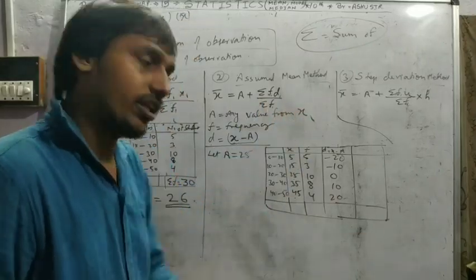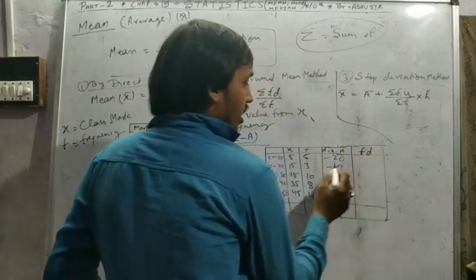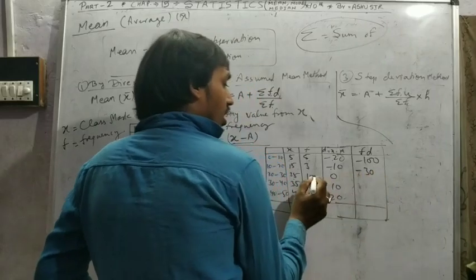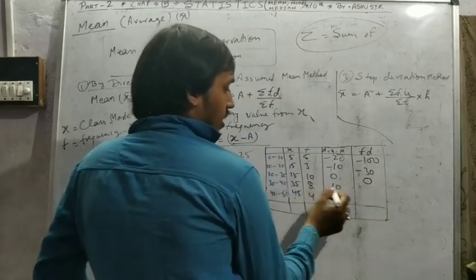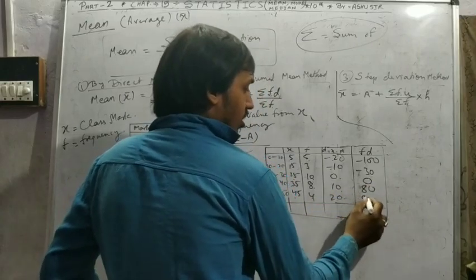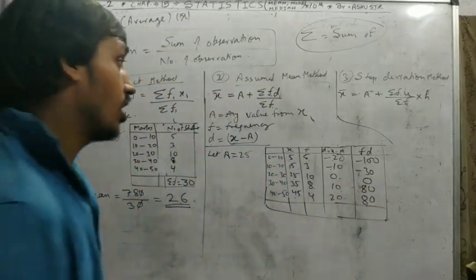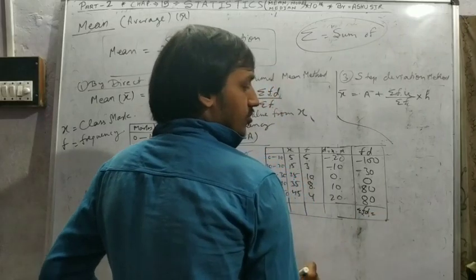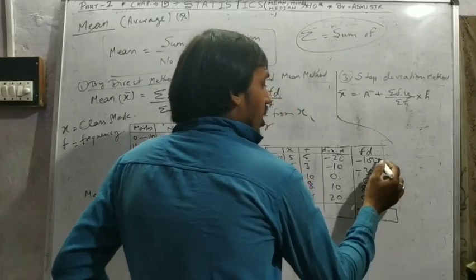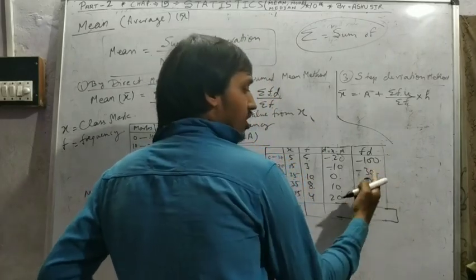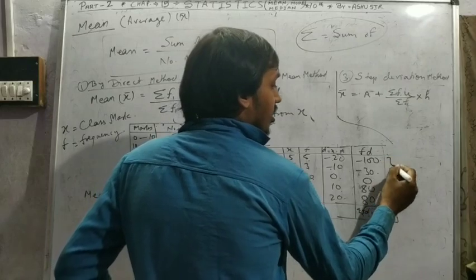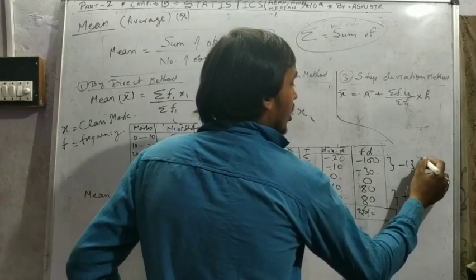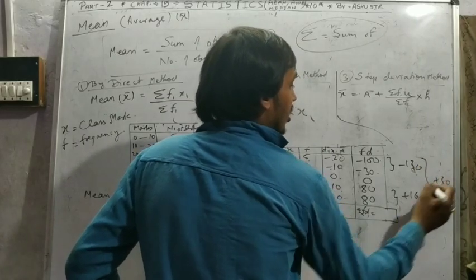Okay, F into D: F into D is minus 100, minus 30, 0, 80. Then summation FD, the sum of all this: minus 100, minus 30 gives minus 130, and plus 160. If you solve both, we get plus 30.